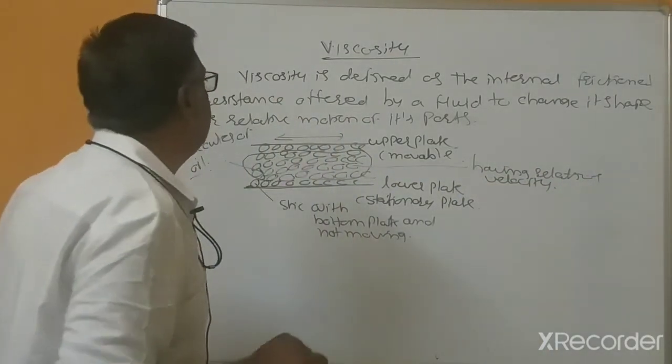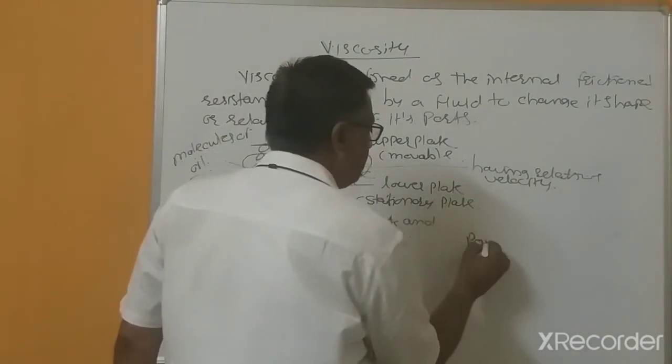And the popular unit of viscosity is the poise.